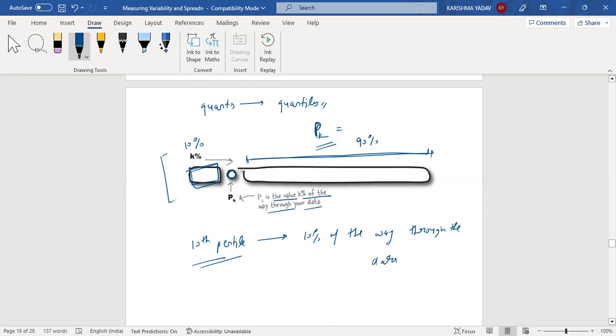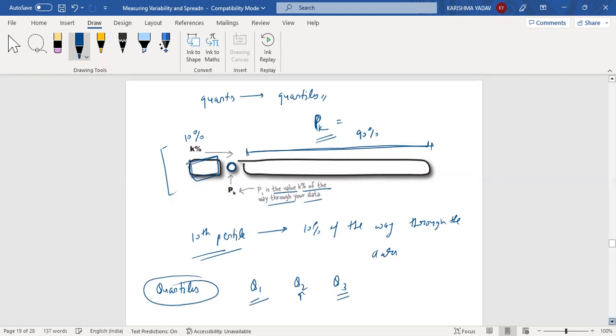Now quartiles are actually a type of percentile. In the quartiles we have the lower quartile, the middle quartile, which is the median, and the upper quartile, that is Q1 and Q3.